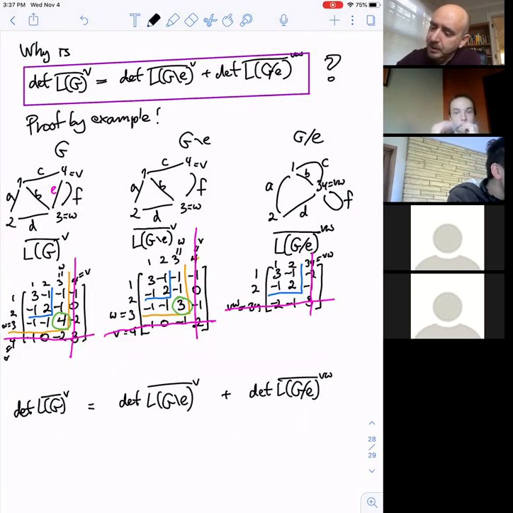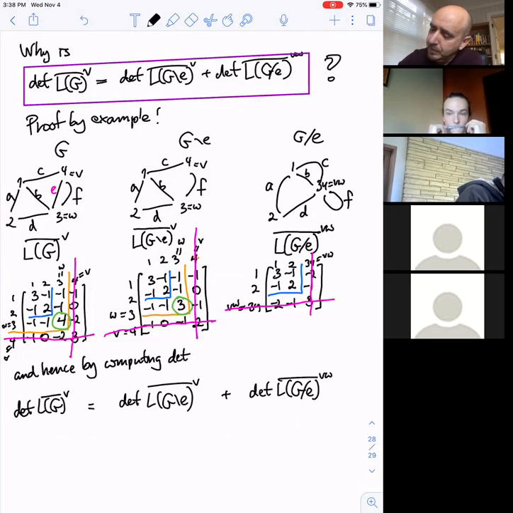There's a little more to say. I'll call it Laplace expansion. That's what people sometimes call this, Laplace expansion along the last row or the last column. It doesn't matter, it's a symmetric matrix.